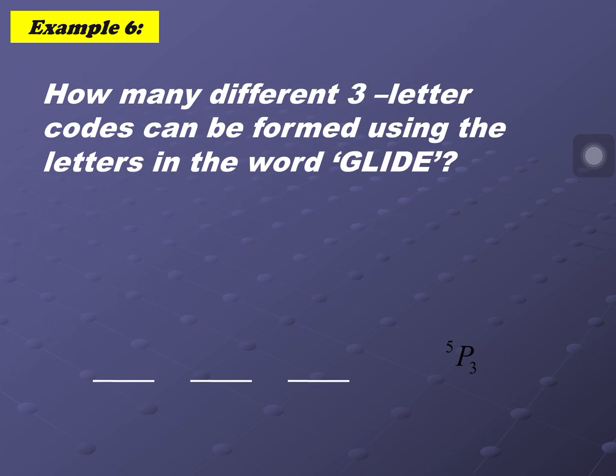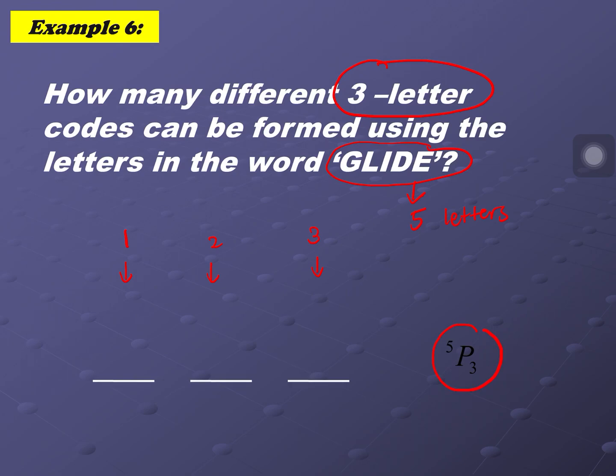Now let's look at this example. How many different three-letter codes can be formed using the letters in the word glide? We only want 3 letters from the word glide. How many letters do we have? We have 5 letters, and we only want to choose 3.